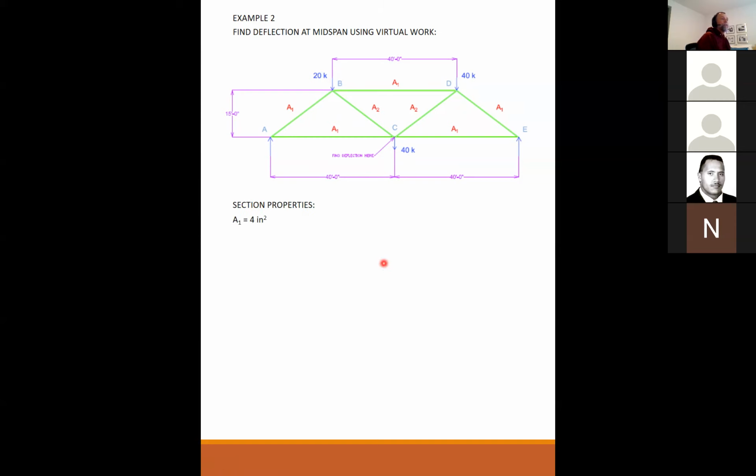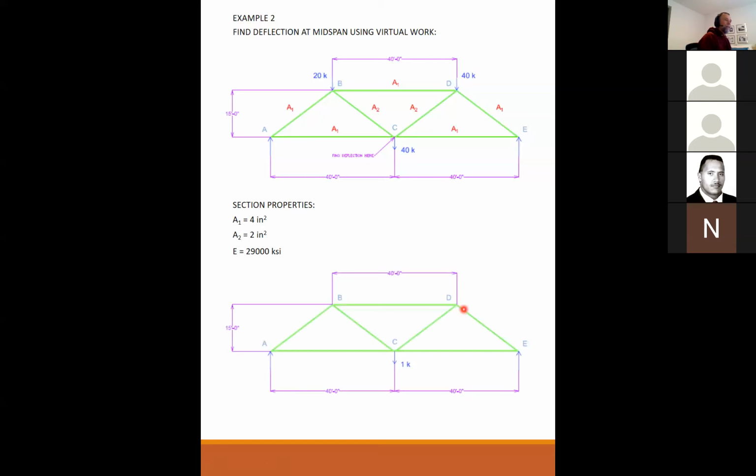So the A1 sections are 4 inches squared. The A2 sections are half of that, or 2 inches squared. This is made out of steel, so E is 29,000 KSI. And I solved the truss for a virtual load of 1 kip applied at the point of deflection here.